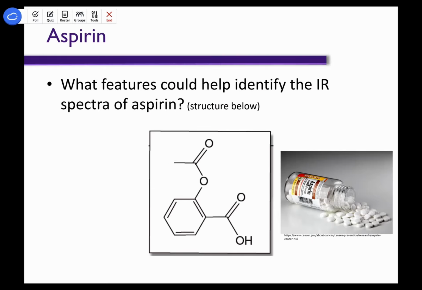Okay, discussion activity. I'll give you like 45 seconds. Chat with the person beside you. What features would you look for in an IR spectra of aspirin? Here's the structure. What kind of peaks would you expect to be present?